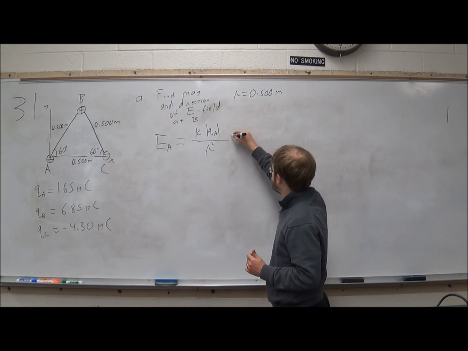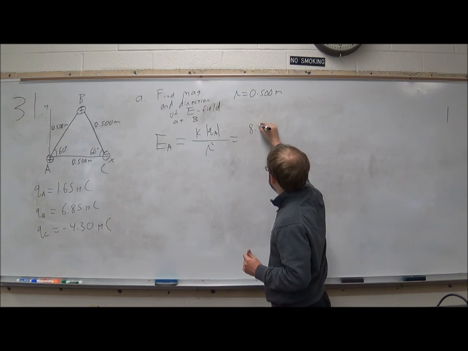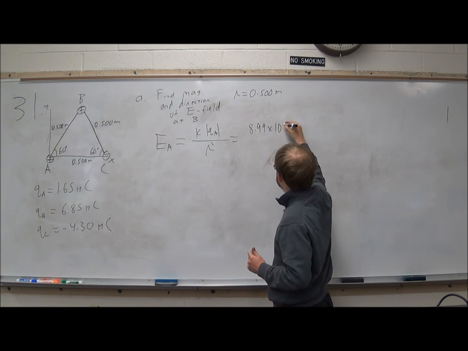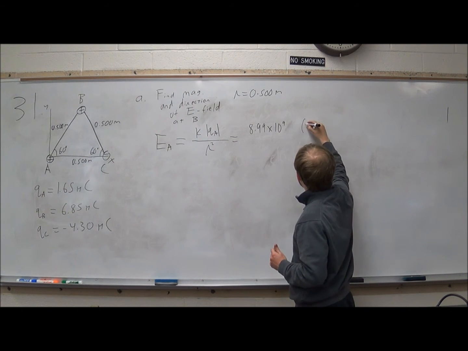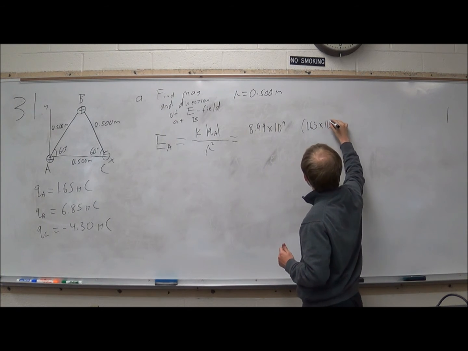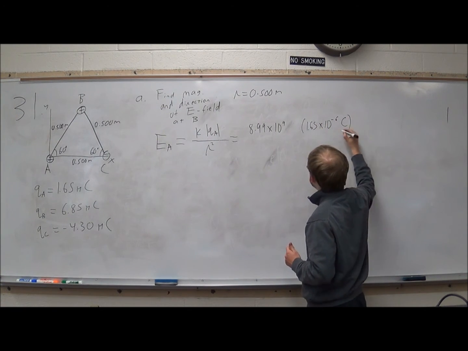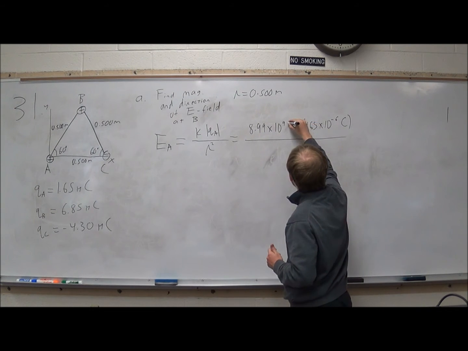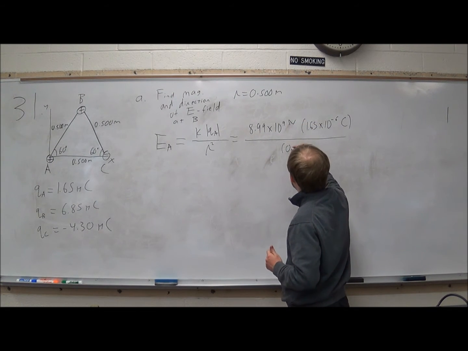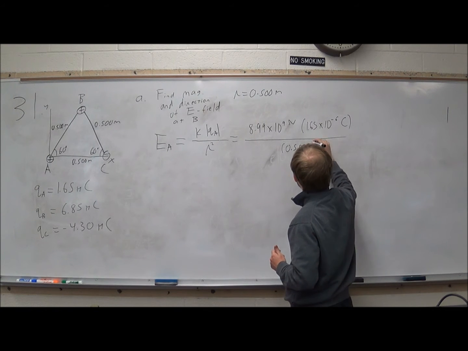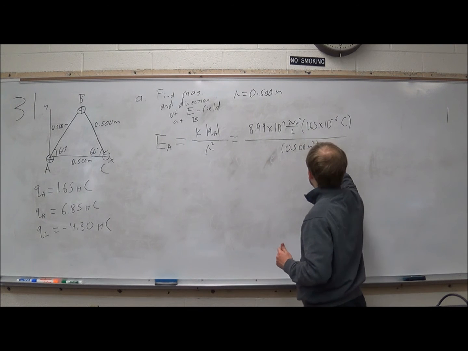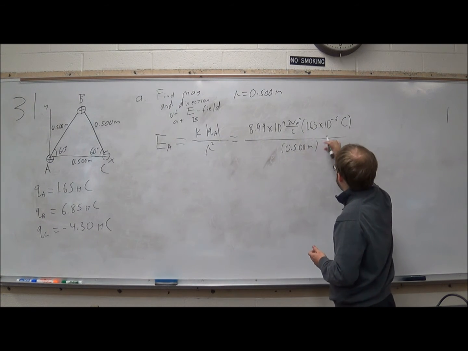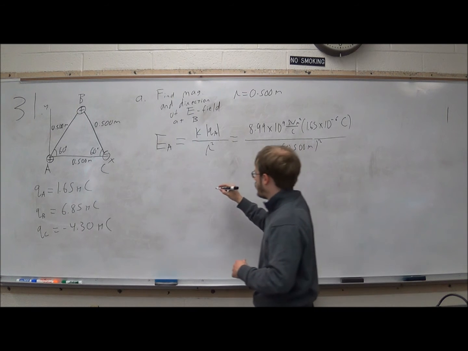So let's plug in our numbers here. 8.99 times 10 to the power of 9, Q_A was 1.65 times 10 to the negative 6 coulombs, over 0.500 meters squared, in newton meters squared per coulomb squared.